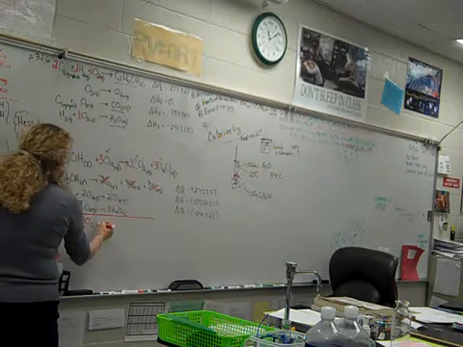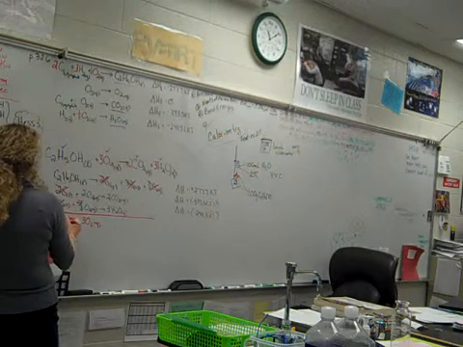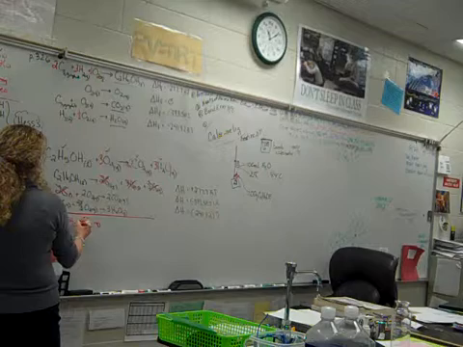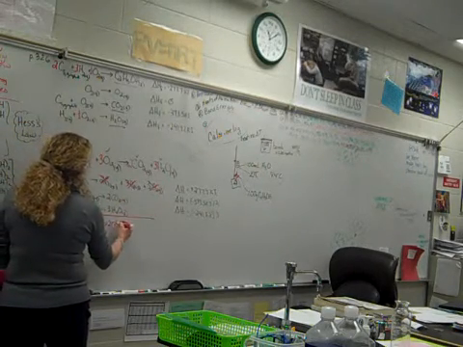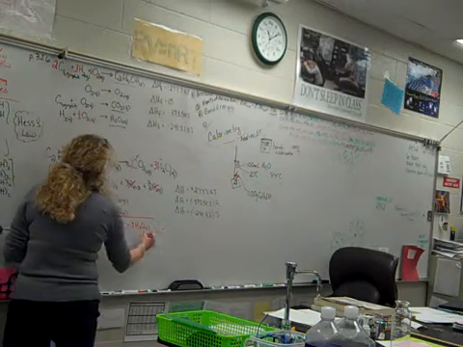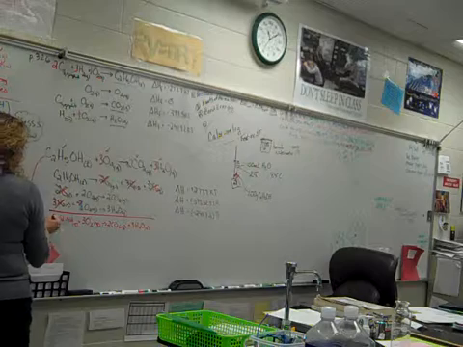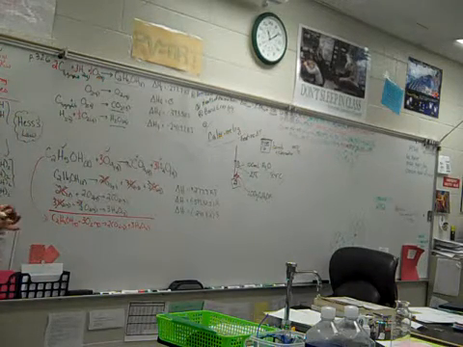Good. Anything else? The C2H5OH is here, and then there's 2 CO2s left, and 3 waters left. I have gotten my exact reaction. Nice. You have to get the exact reaction, but that is nice.